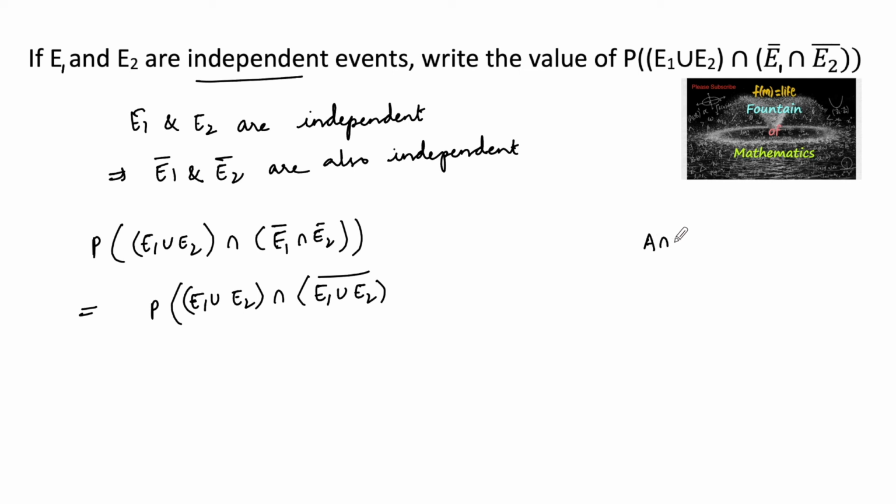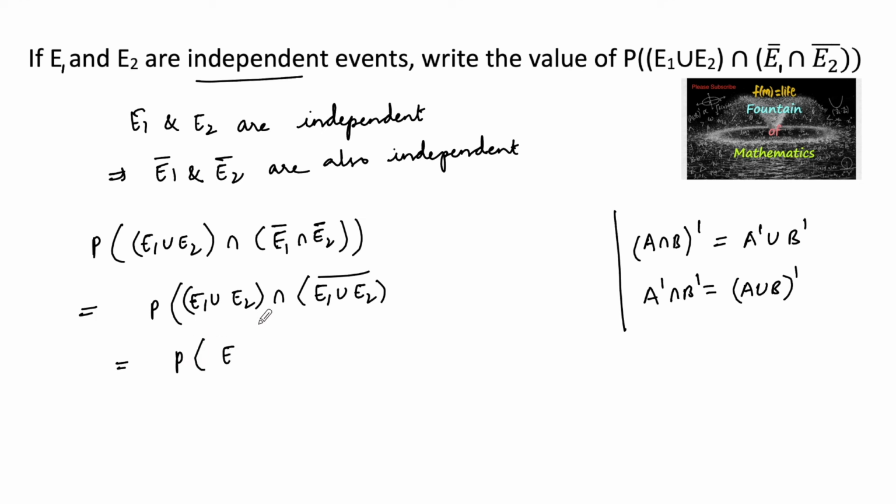Since we know that A intersection B whole complement is equal to A complement union B complement, or A complement intersection B complement is equal to A union B whole complement. So from De Morgan's law, it follows that E1 bar intersection E2 bar is nothing but E1 union E2 whole complement.